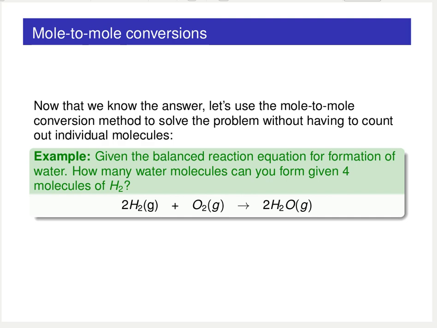And obviously, if we're dealing with reactions on the order of Avogadro's number of individual molecules, we certainly don't want to be drawing them out. And so the technique of mole-to-mole conversion is what's going to actually allow us to solve this problem in a very quick and efficient manner.